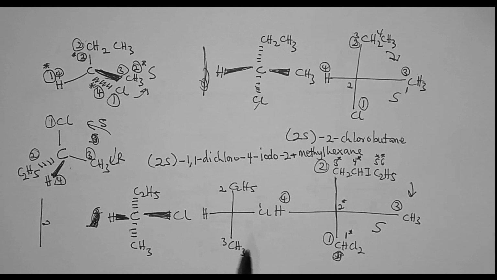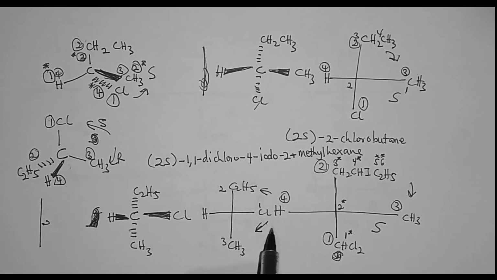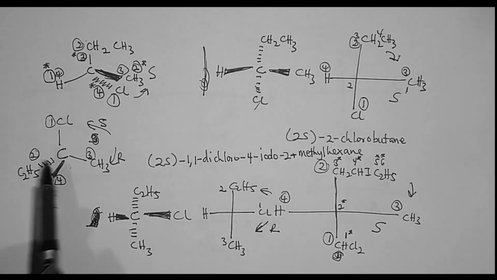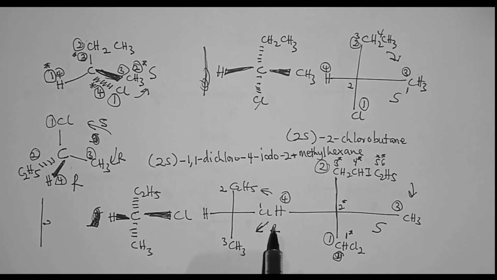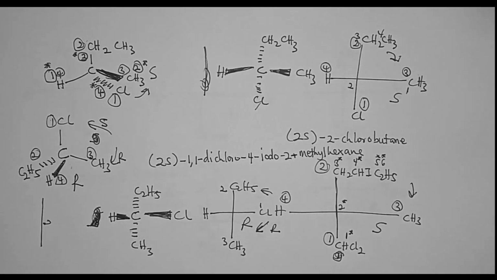And this is 3. So the configuration is 1, 2, 3, which is an S. But because the proton is not pointing away from us, we need to change configuration. And if we change it, it's going to point in the clockwise direction to make it an R. So the perspective molecule is an R configuration. And then the Fischer projection is also R.